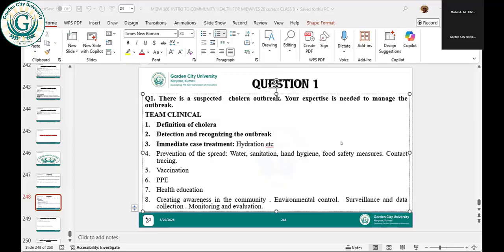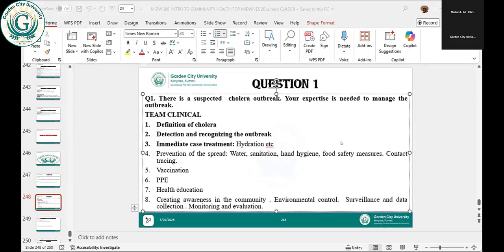So that one is under which management? It's on its own. How can it be on its own? Managing an outbreak involves three things: treating the cases, preventing the further spread of the disease, and monitoring the effects of the control measures.